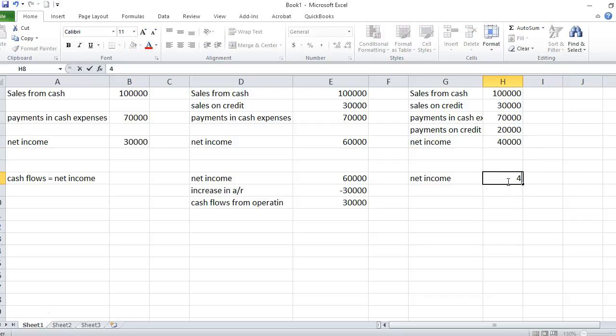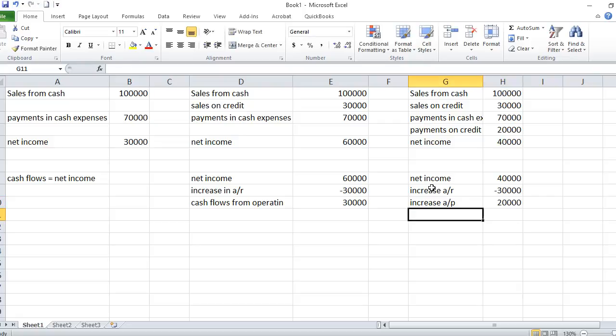So if our net income here is $40, and then we want to adjust to our cash. Our sales on credit were $30,000, so our increase in accounts receivable we have to subtract. Our increase in our accounts payable, we need to add 20.